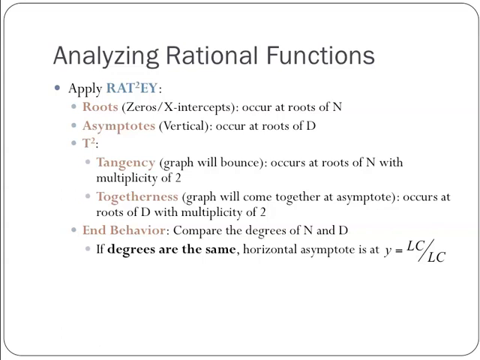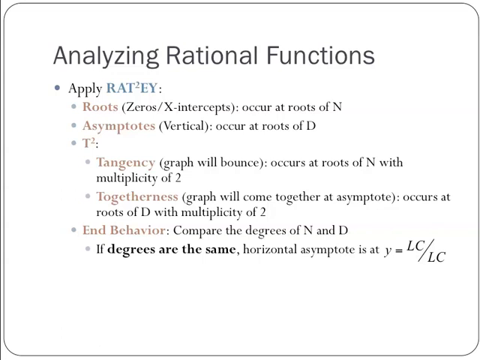So whatever that might be, this should be some sort of constant, because it's a leading coefficient divided by a leading coefficient. Essentially, if the degrees are the same, and you were to zoom out from the graph, it would look a lot like the line y equals whatever the constant is. It will just look like that horizontal line.